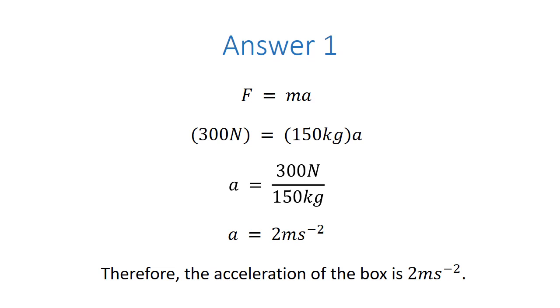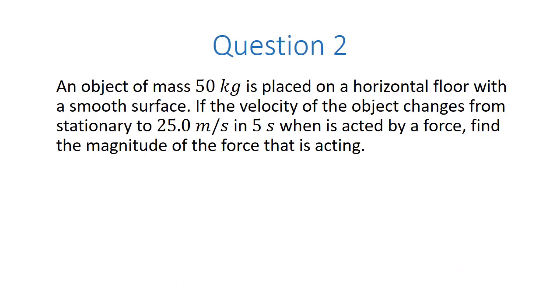Can you see how the teacher substitutes all these values into the equation? Make sure you have the units. The units are so expensive. We need to include the units every time. Understand? All right.